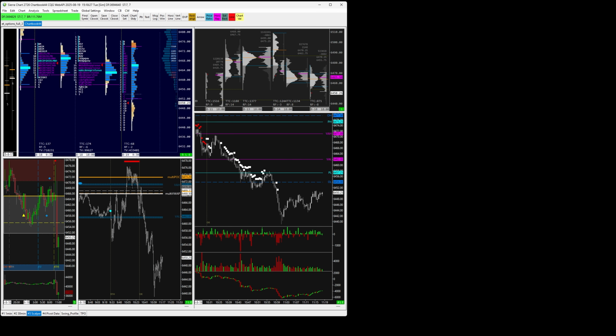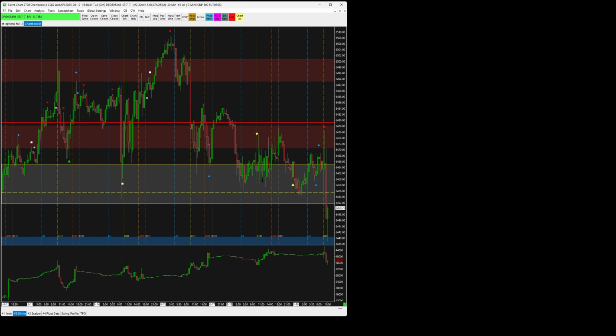The other thing is the same symbols are on our 30-minute chart. You have much less of these symbols.